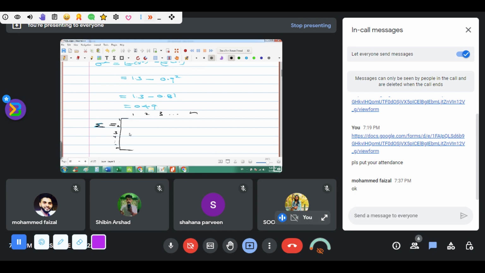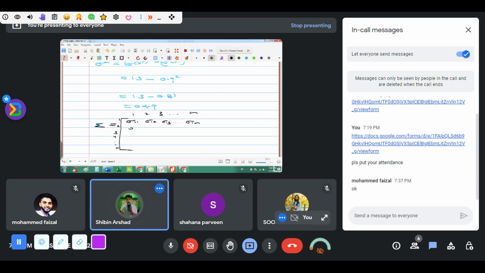Therefore, it is a square matrix. Then what are the values here? First row: sigma 11, sigma 12, sigma 13, up to sigma 1n. What is the second row?